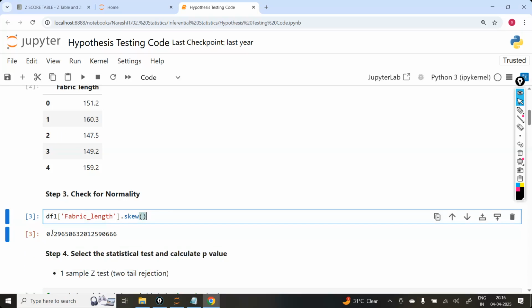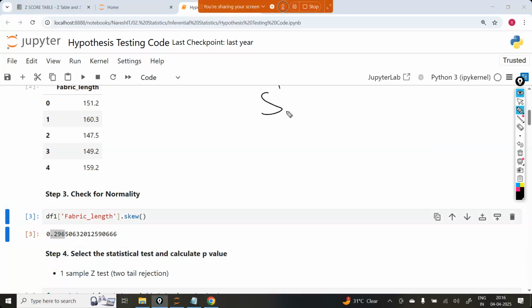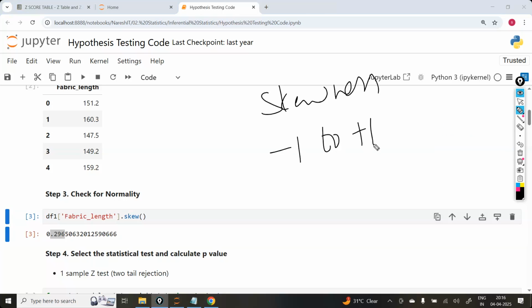What is this value? 0.29. Sir, skewness of 0.29, what is this called? Basically positive skewed, because it is some number. Exactly 0 is called a perfect normal distribution. Now, if the skewness is from -1 to +1, still we consider it a normal distribution only.